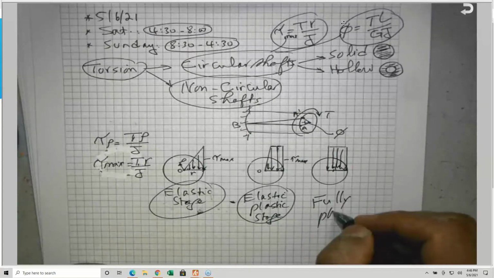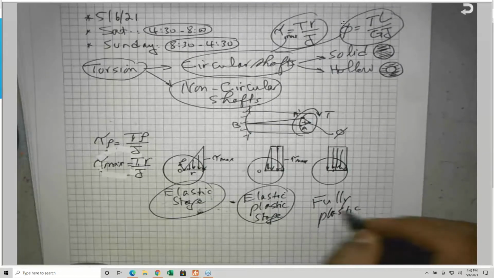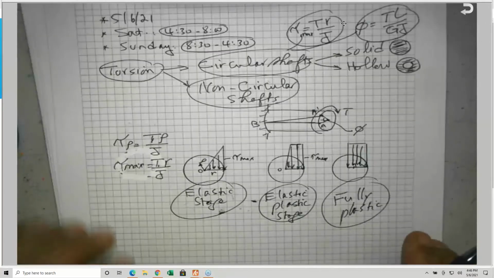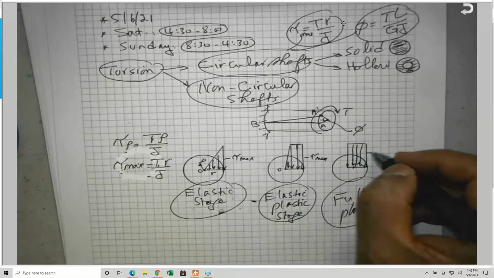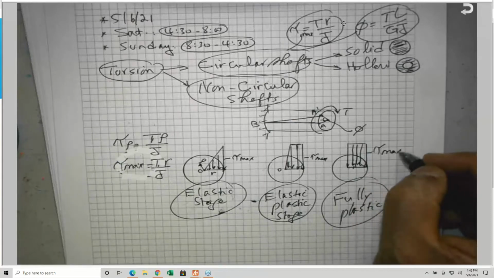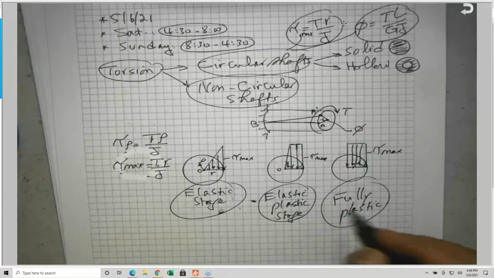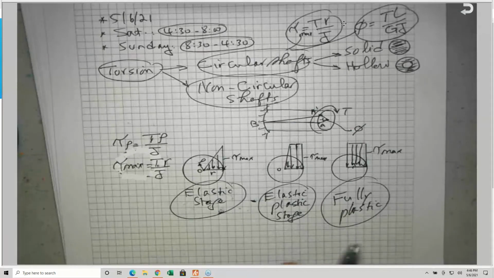You will find these distributions are given in mechanics of materials books. This is the tau max, where all the fibers reach the maximum shear stress, and after that the shaft, or the specimen, will fail.